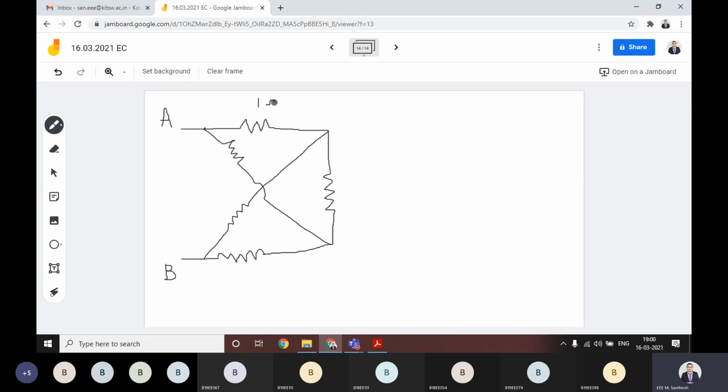This is 1 ohm and this one is 3 ohm. This is also 3 ohm, this is also 3 ohm, and this one is also 3 ohm.